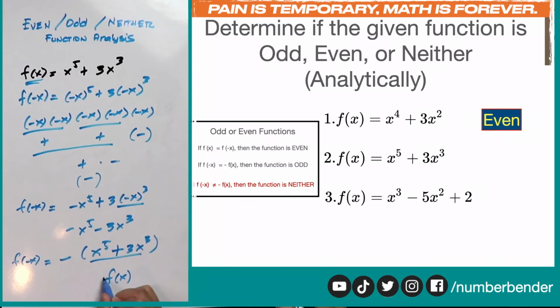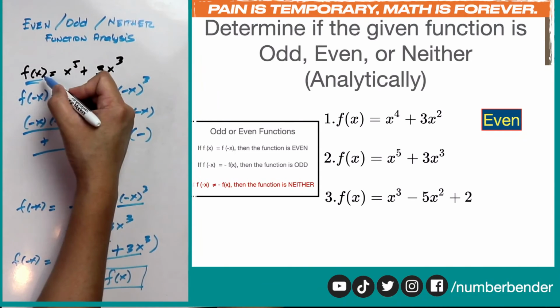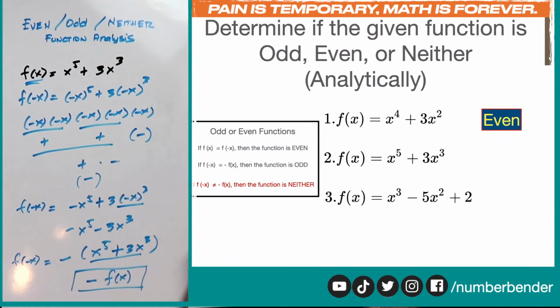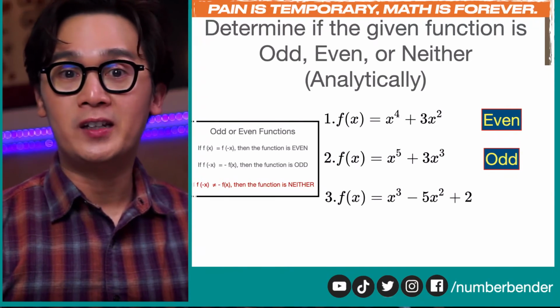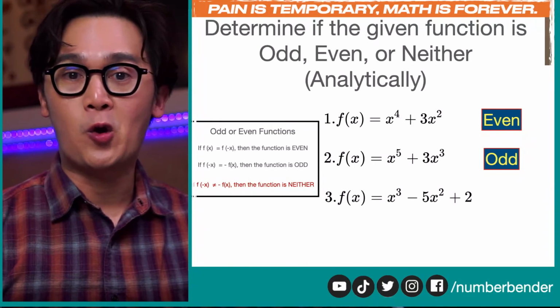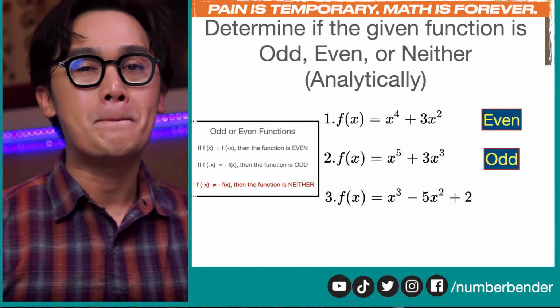So now we're able to prove that negative f of x is the same as f of negative x. Therefore, x to the fifth plus 3x cubed is going to be an odd function. So that is how we determine if the function is an odd function, by showing this mathematically.